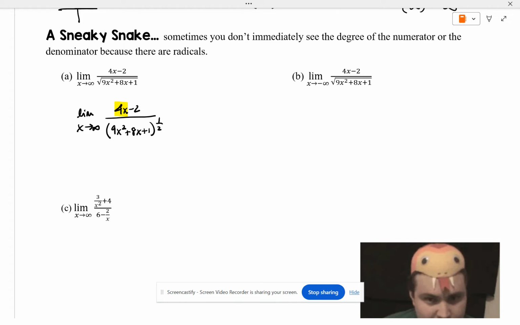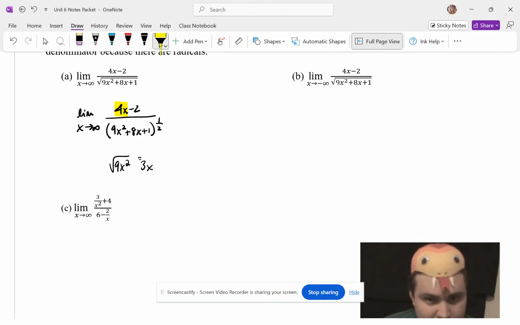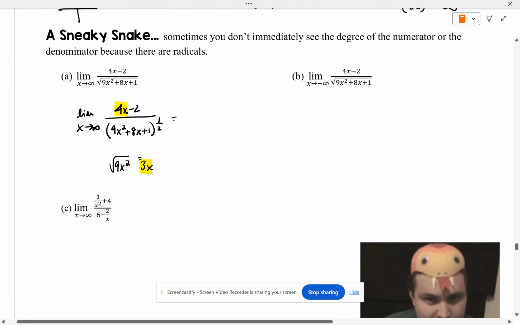Look in the denominator. If I have a 9x squared, but then I have the square root of him, what is his real degree, the leading term in the denominator? It's really going to be the square root of 9x squared, which is 3x. So what I'm really envisioning here is the behavior of this guy with the degrees only.